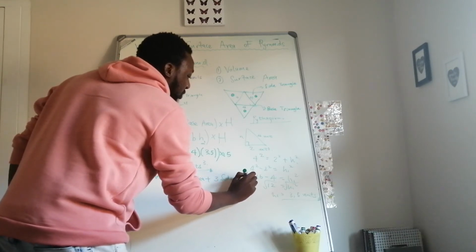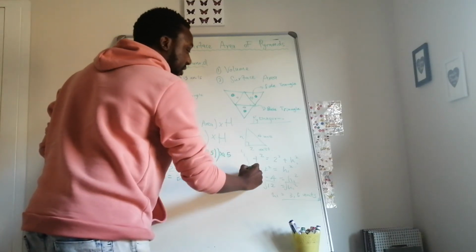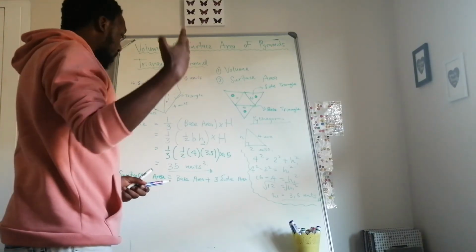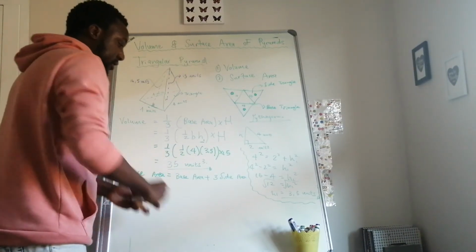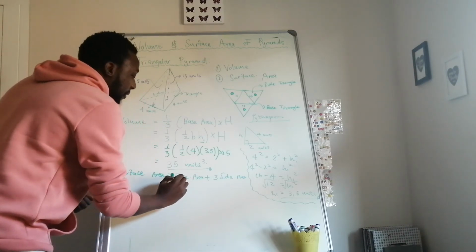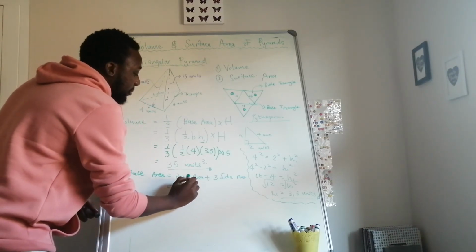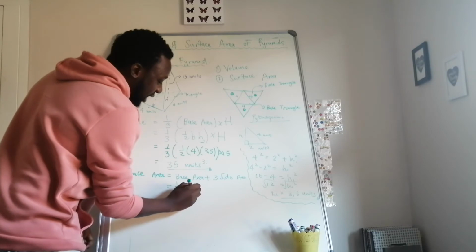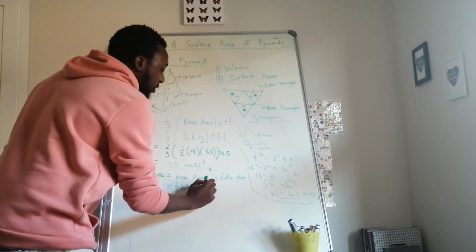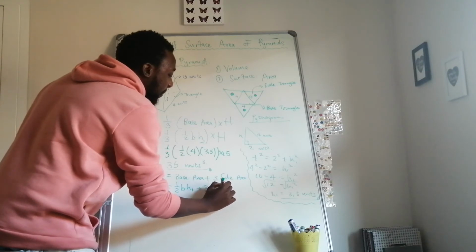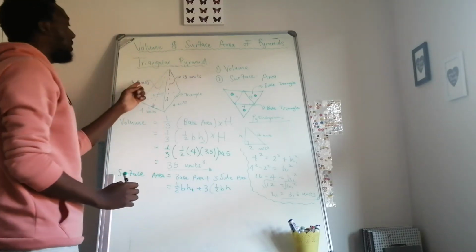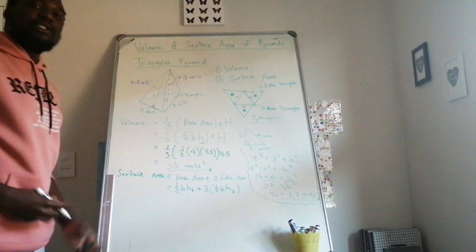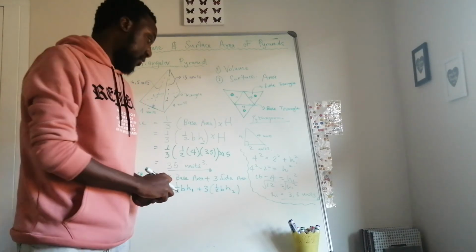When I say side area, I'm talking about the area of the side triangle. Base area is still half base times height 1. Plus 3 times half base times slant height. It's this slant height there, so let me call that height 2, so that I can distinguish which height I'm talking about.